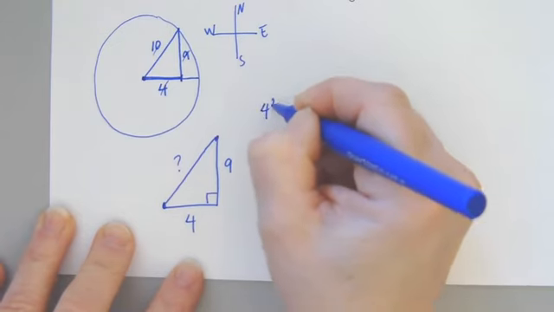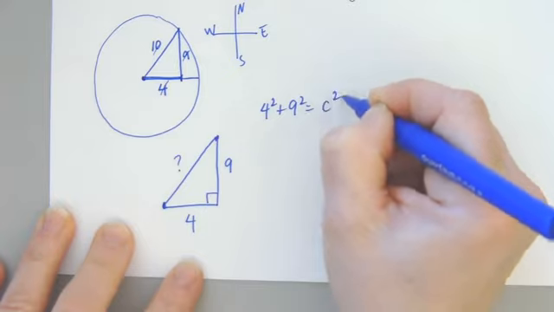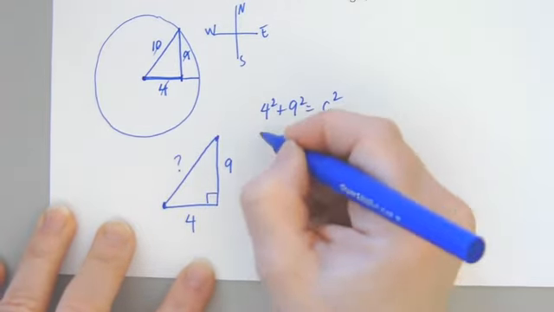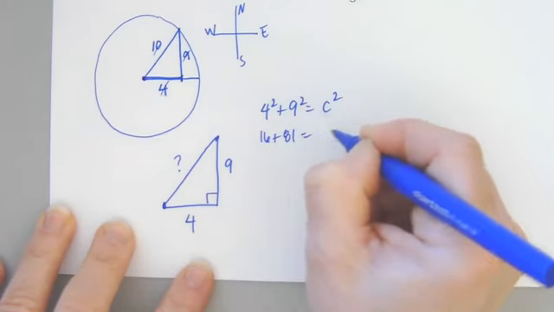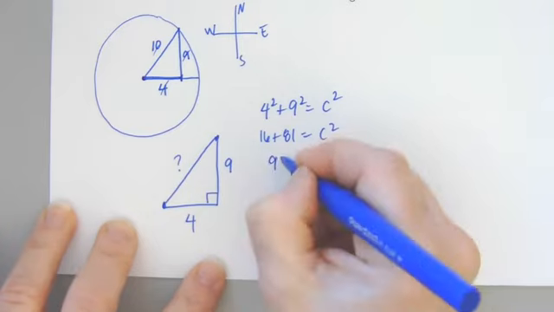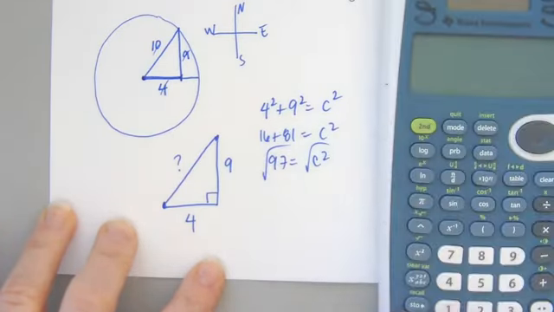So we've got 4 squared plus 9 squared is equal to, we'll just call it c squared. So I've got 16 plus 81 is equal to c squared. 16 plus 81 is 97. Square root that. And some of you guys probably can already tell that that is less than 10, but if you're not sure, just check it out.